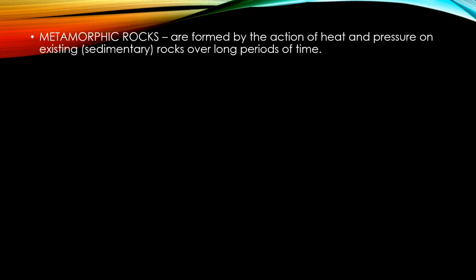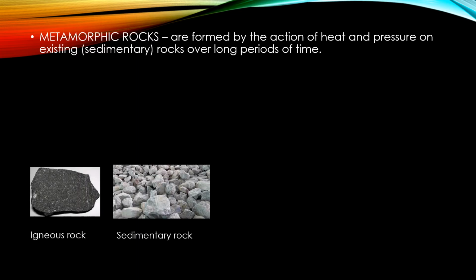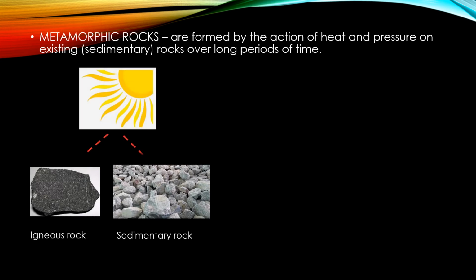Next, metamorphic rocks are formed by the action of heat and pressure on existing rocks over long periods of time. For example, the igneous rock and sedimentary rocks are pressured and heated, so it will become metamorphic rock.